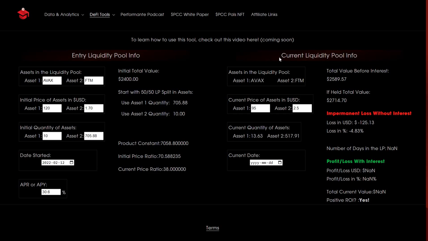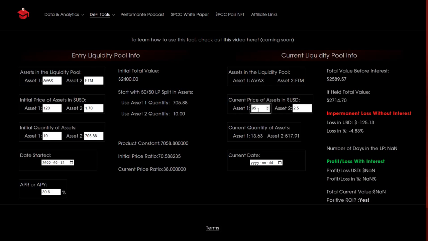So now we're going on to the current liquidity pool info. We first have your asset 1 and asset 2, and then the current price of the asset are the two inputs that we need to put in, and then the end date is the final input. That is all we need to do for inputs in the current liquidity pool info. So 2 months ago, prices were higher than they are currently.